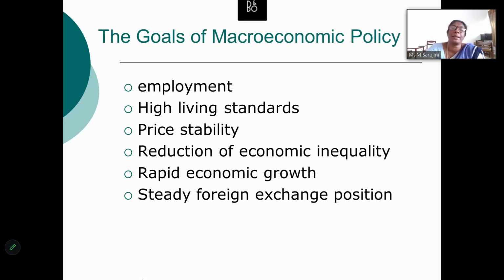The next topic is the goals of macroeconomic policy. What are the goals of macroeconomic policy? You are studying macroeconomics, so you have to know everything about it. Employment is a very important policy goal of macroeconomics. If there is employment, productivity or production will increase.